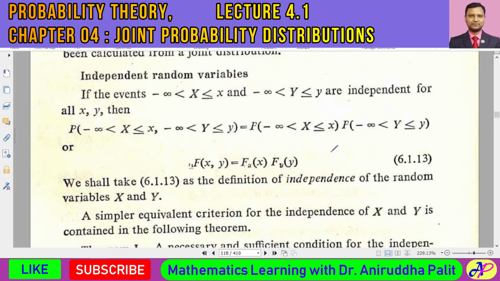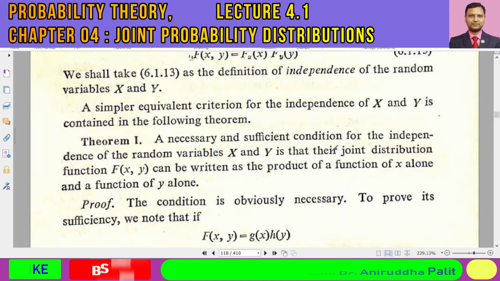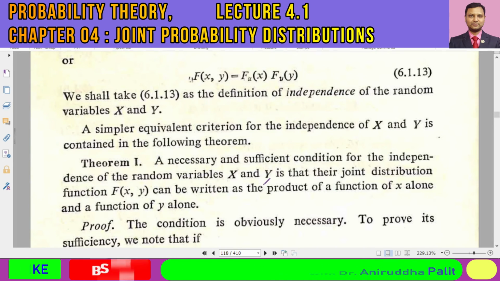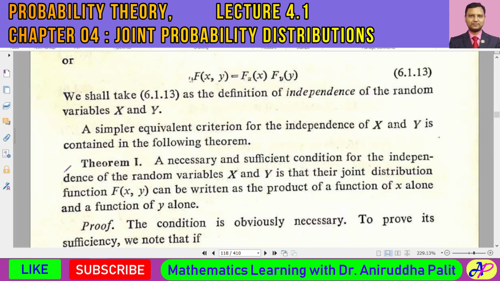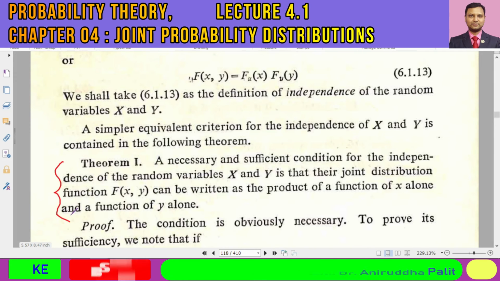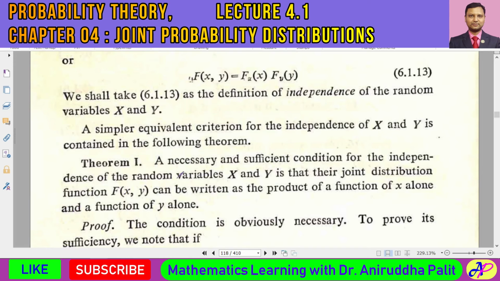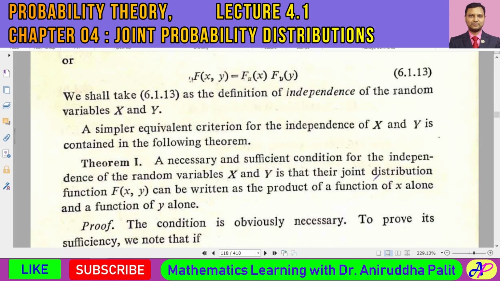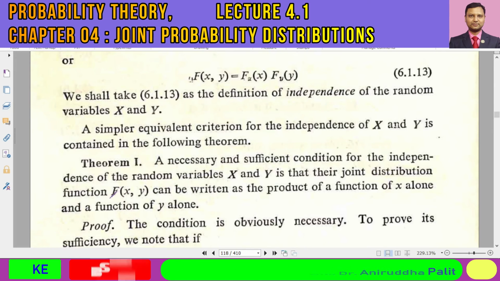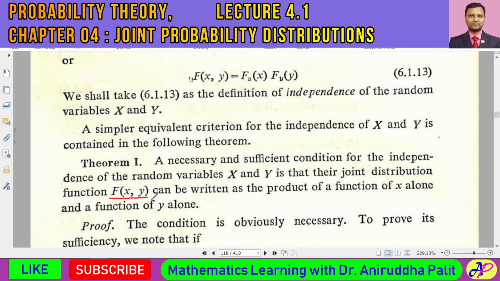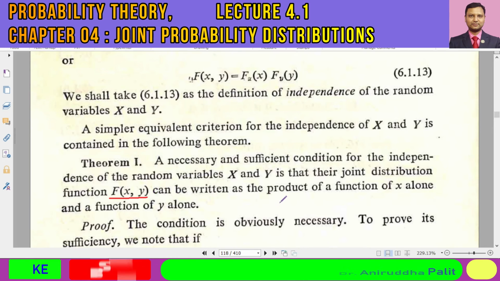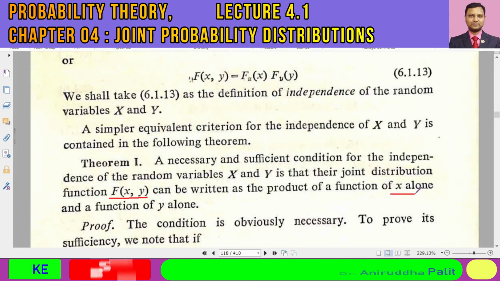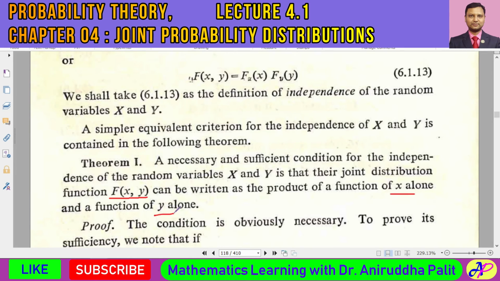And this definition has some other consequences. This is a very easy theorem; about 2 or 3 marks can be given in an exam for proving this result. It says that a necessary and sufficient condition for the independence of the random variables x and y is that their joint distribution function F of x comma y can be written as the product of a function of x alone and another function of y alone.